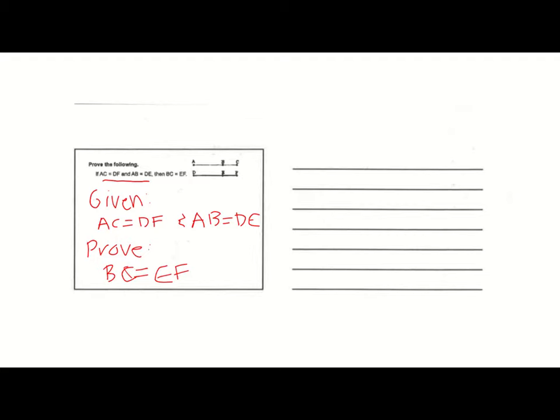Okay, so let's look over here. I'm going to write our two-column proof on this set of lines. I'm going to put my statements on the left and my reasons on the right.